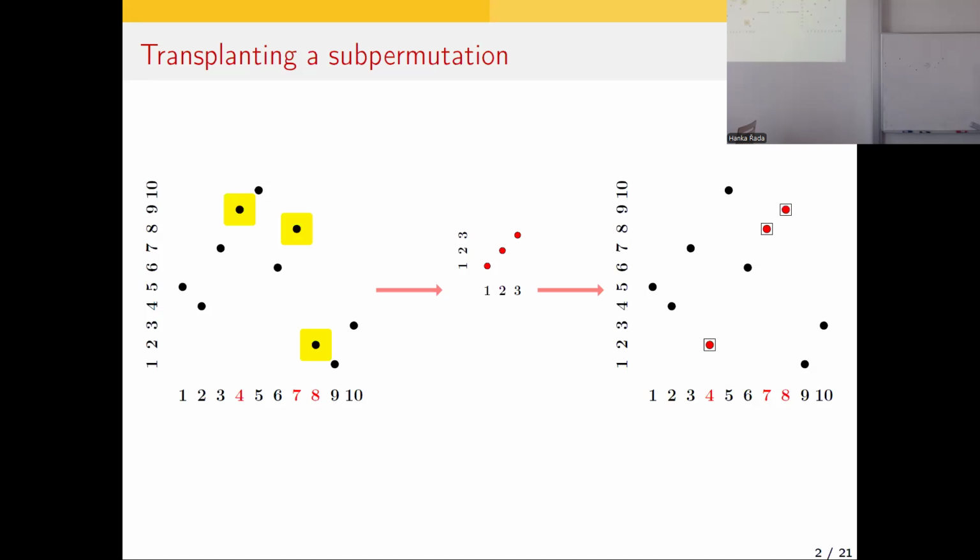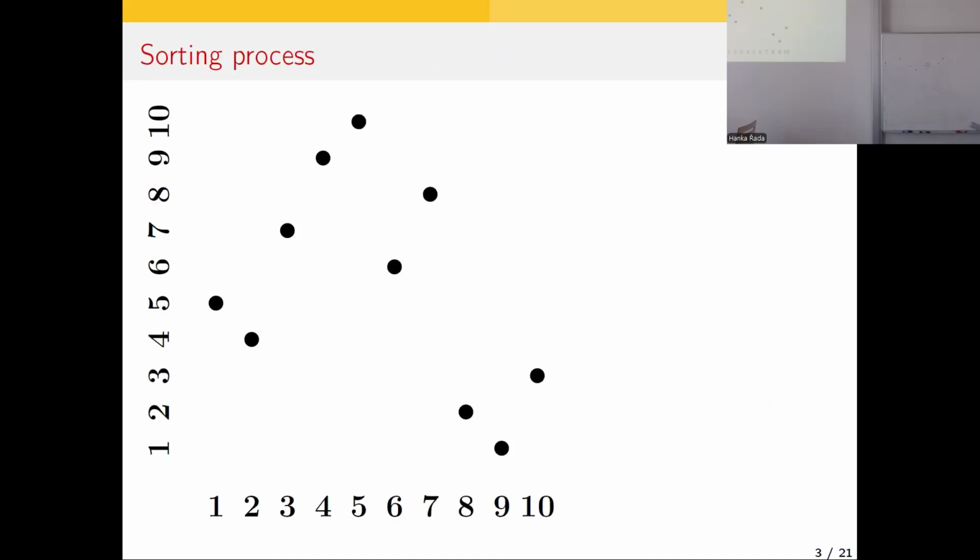And with this process, we can, for example, sort a permutation. Imagine that you have a row of kids and you want to sort them according to their height. But you can always touch only 3 kids at a time. Not only, but exactly 3 kids at a time.